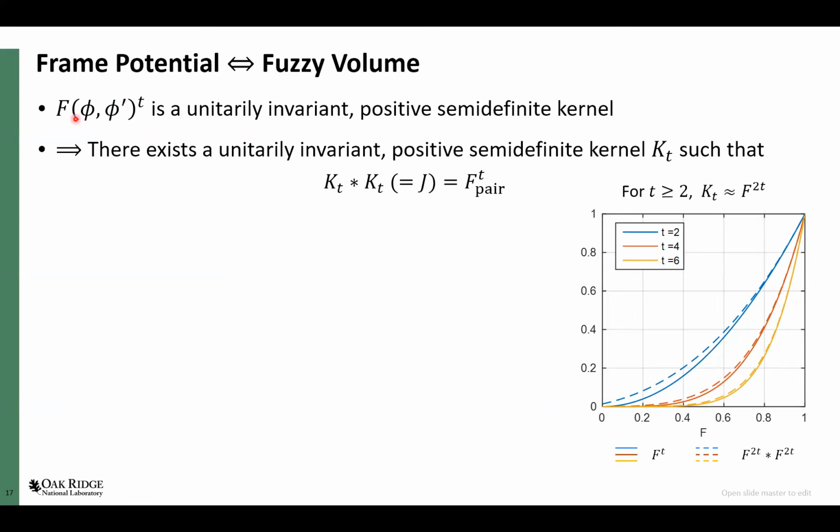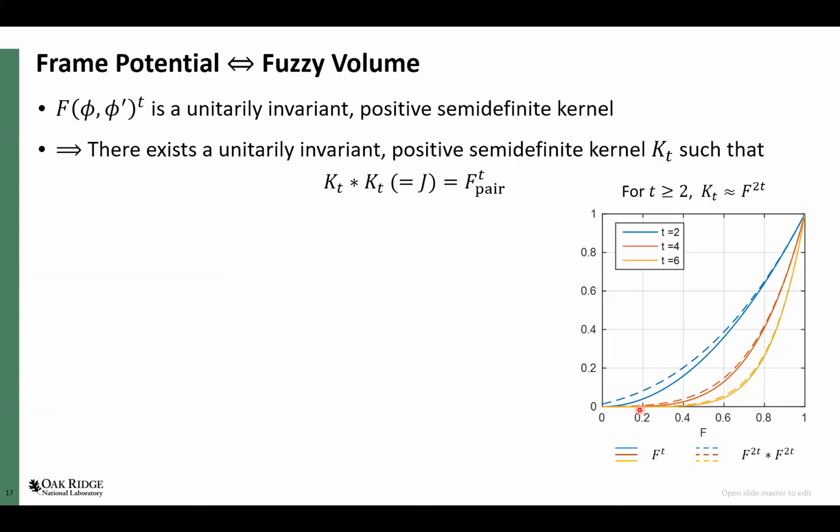You can argue, since we know that f is a unitarily invariant positive semi-definite kernel, that there is a kernel k that when you convolve it with itself gives you this fidelity to the t. And it turns out, as long as t isn't too small, this kernel function is pretty close to fidelity to the 2t. I've shown here a plot.